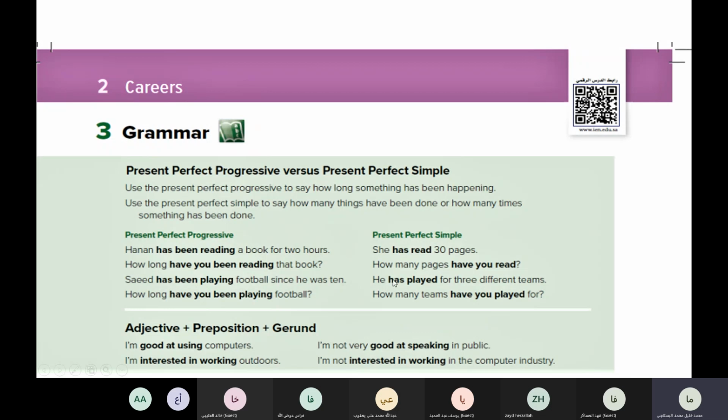She has read up to now, what, 30 pages. If you ask her after an hour, she will have read what? 60 maybe. Good. We cannot say she has been reading 30 pages. She has been reading 60 pages. We cannot say.